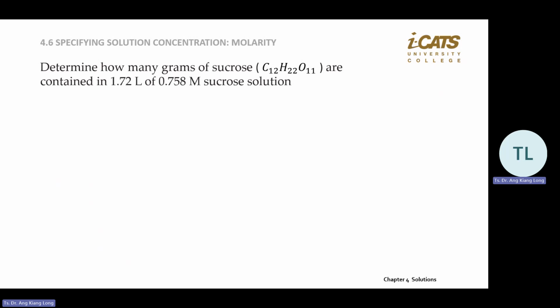So you write M equal to X mole of solute divided by 1 liter of solution. Now you are given a new container, 1.72 liter. Inside there is 0.7885 mole.